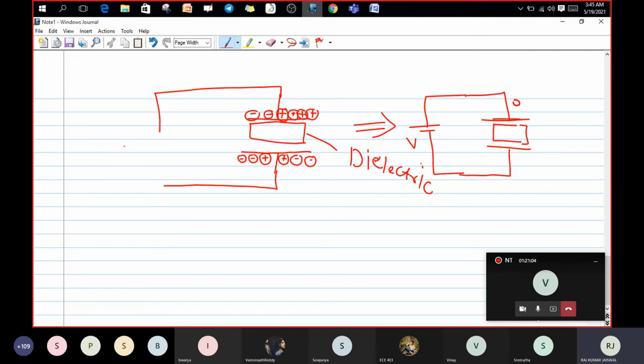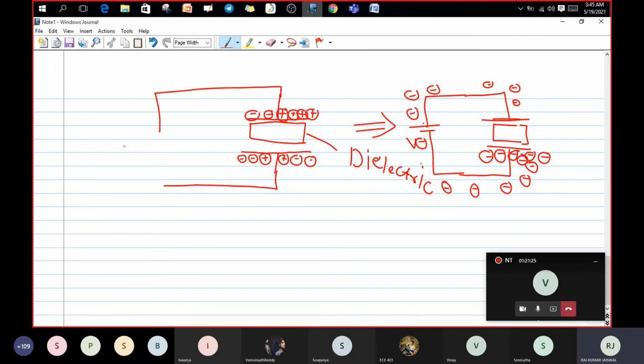Whatever electrons are there, as I apply the battery, they are accumulating, gathering at one plate. And why?